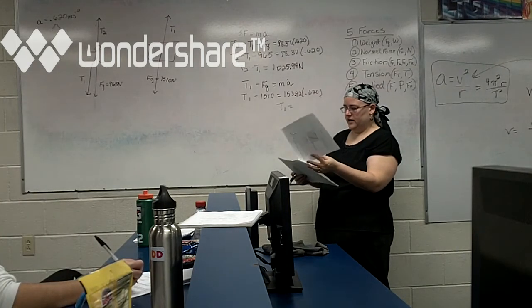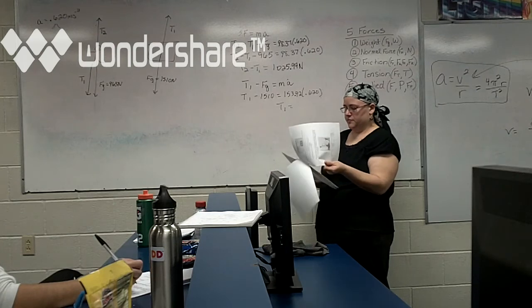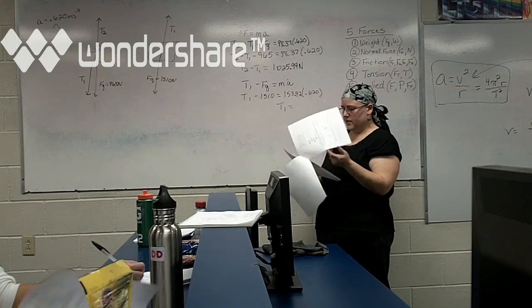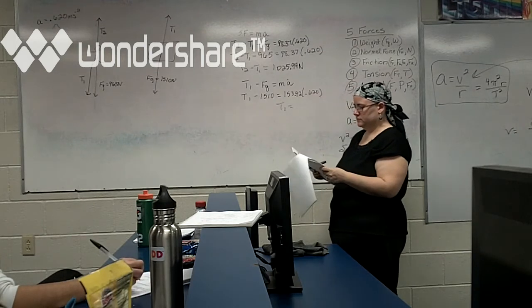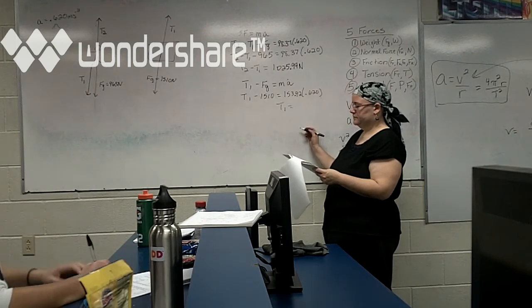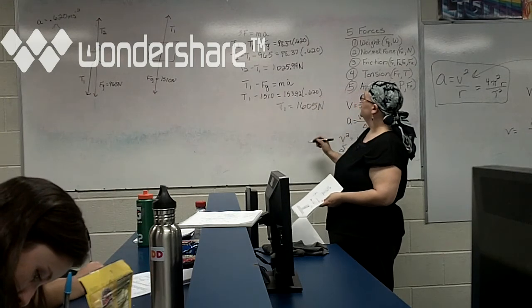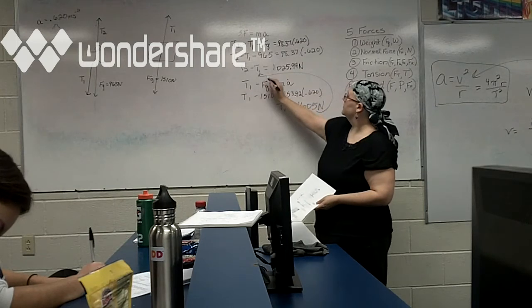Wow, I skipped number 10 and 11. I'm sorry, I meant to just skip 11. We'll go back and do it. My bad. 1,605. And then we plug that back in to get T2.